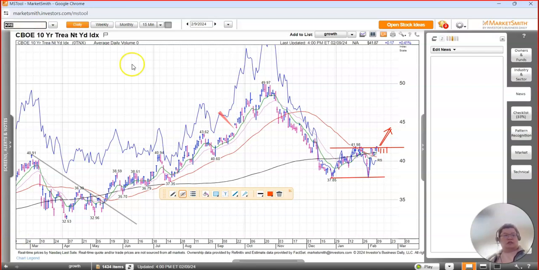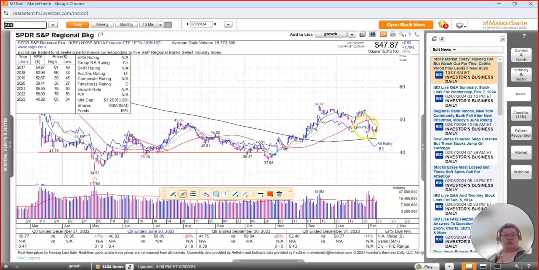The regional banks are not doing well, even though it bounced on Friday, but that's still in a downtrend. The downtrend is pretty steep. At first it looks like this, now it looks like this. There's something wrong with the market right now relating to this regional story. Obviously New York Community Bank is the big story, but why are the overall regional banks all doing the same thing, right?